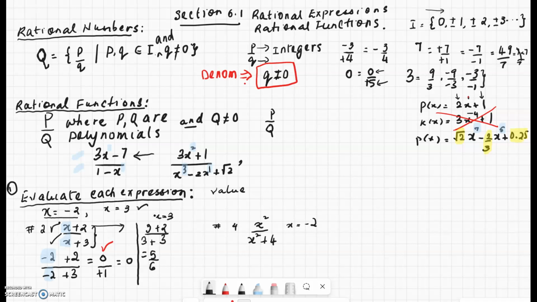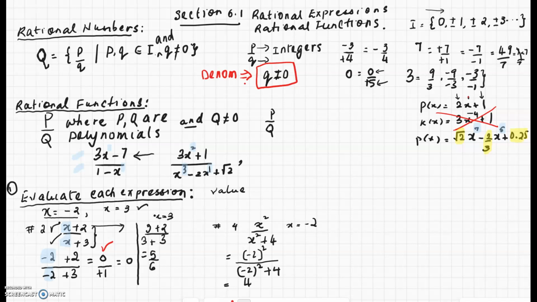So you see an x squared. So we do negative 2. Put it in parentheses because even the negative has to be squared. Divided by negative 2, the whole squared, plus 4. We simplify the expression. So you get 4 because negative squared is positive.